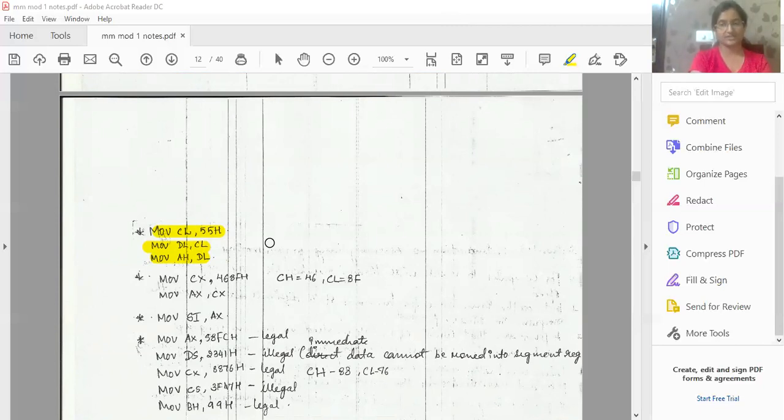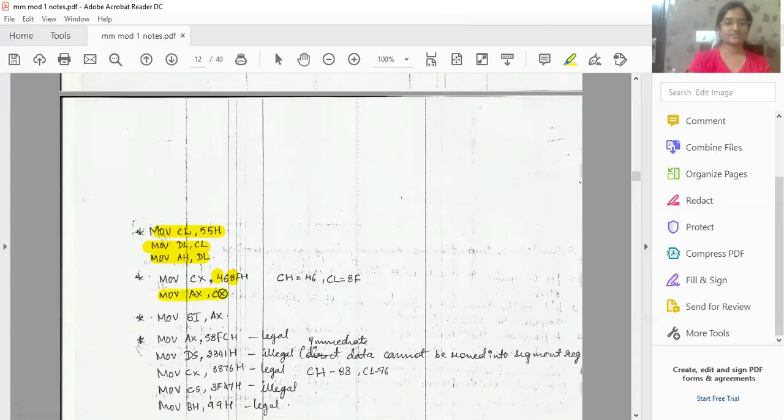CH, the higher byte of the register, is loaded with the higher byte of the data. Which is the higher byte of the data here? 46. So 46 will be loaded into CH. And which is the lower byte? It is 8F. 8F will be loaded into CL, the lower byte of the register CX.